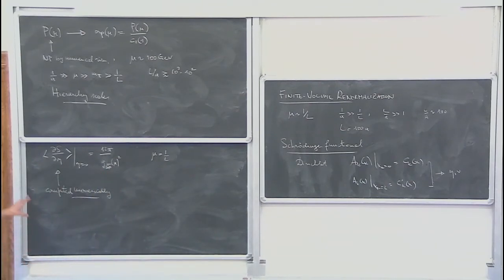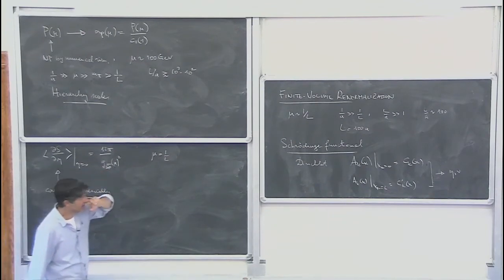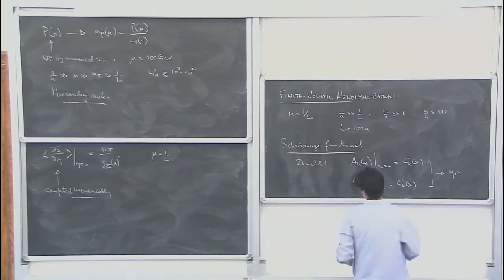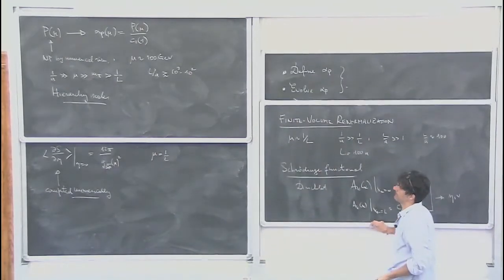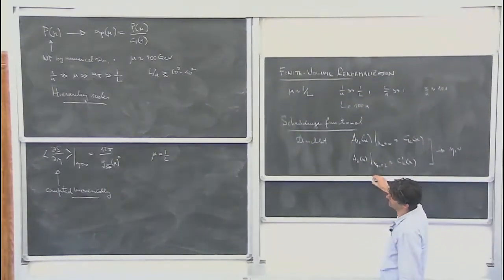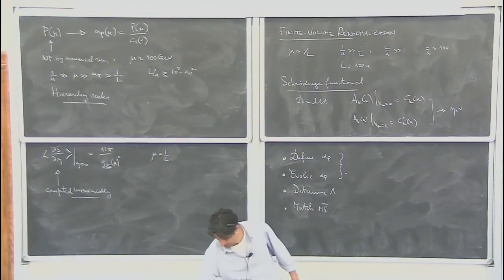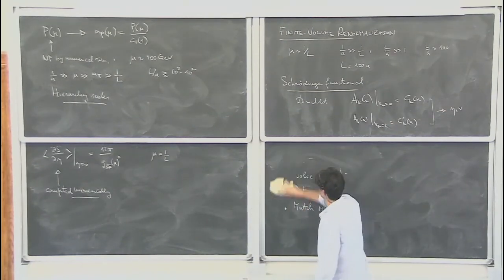Okay? So we want to set up a numerical strategy that allows us to compute the dependence of this coupling on the scale mu, which is defined by the size of the box. And the way this is done is by introducing something which is called the step scaling function.